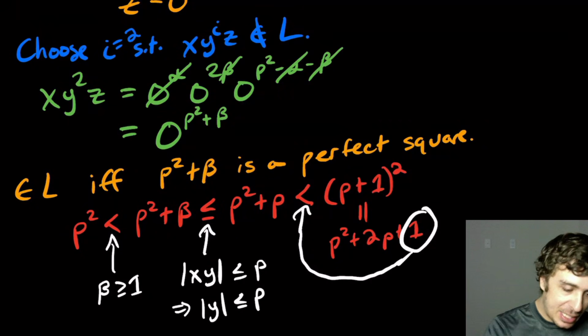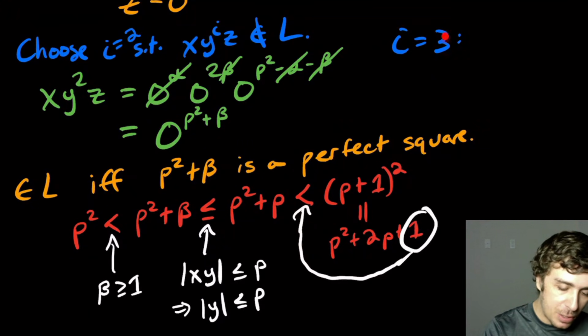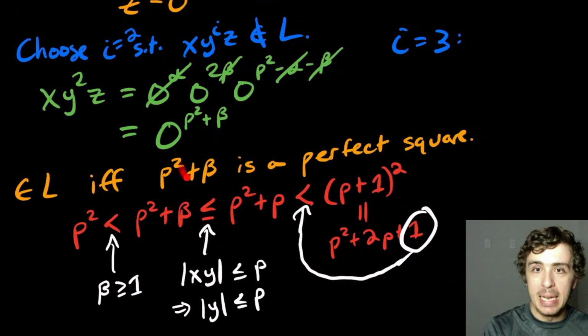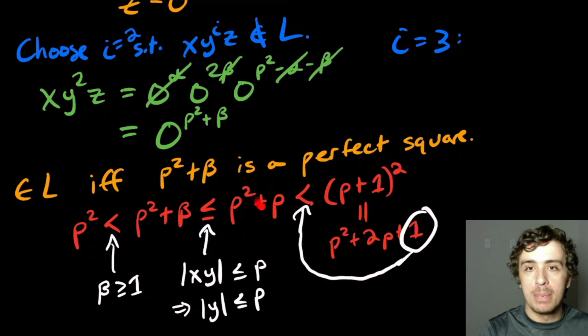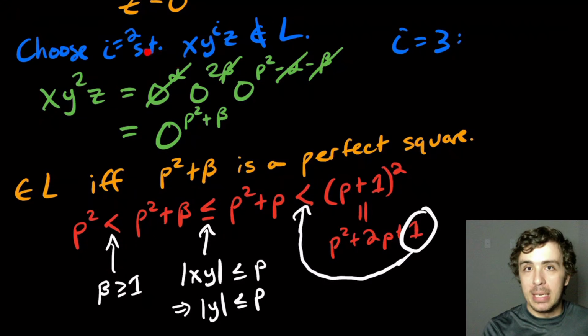So this actually gives you good reason why the i equals 3 one I mentioned earlier also works. Because if you substitute i equals 3, you're going to get p squared plus 2 beta here. And then here, the upper bound will be p squared plus 2p, which is still going to be strictly less than p squared plus 2p plus 1. So i equals 2 and i equals 3 both work.